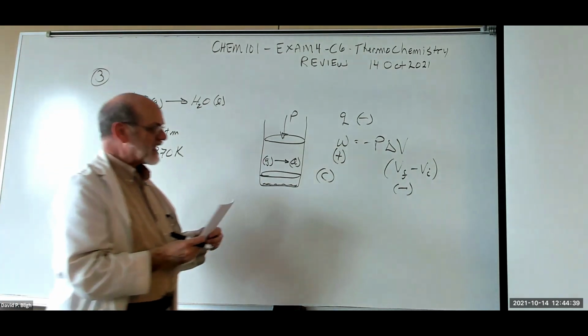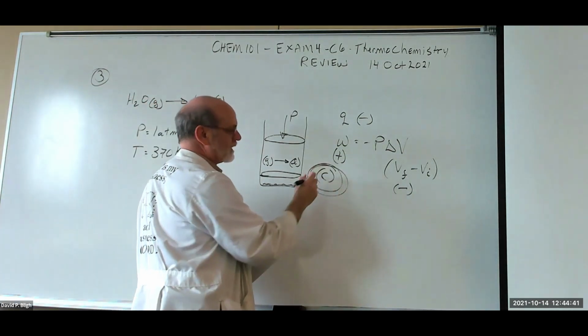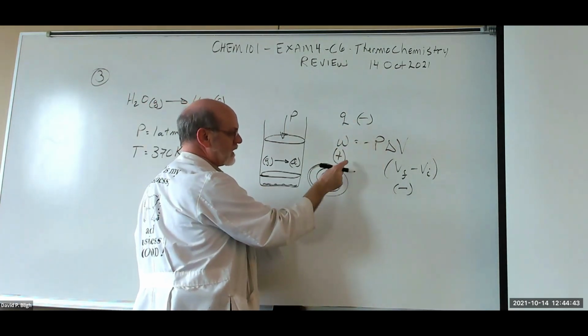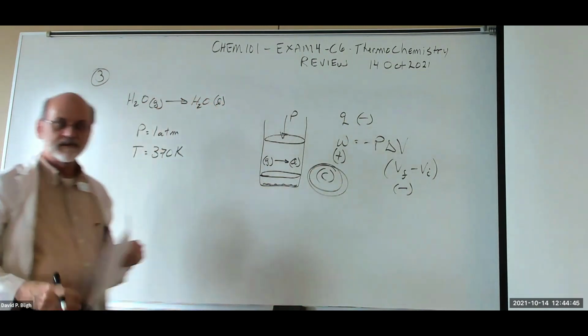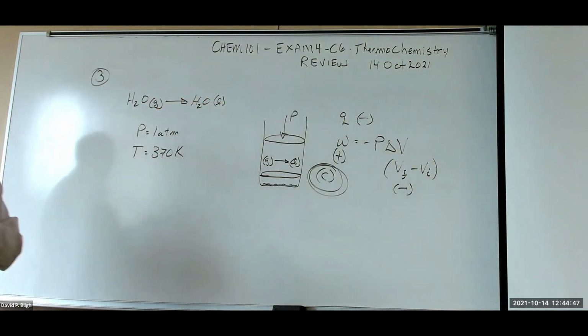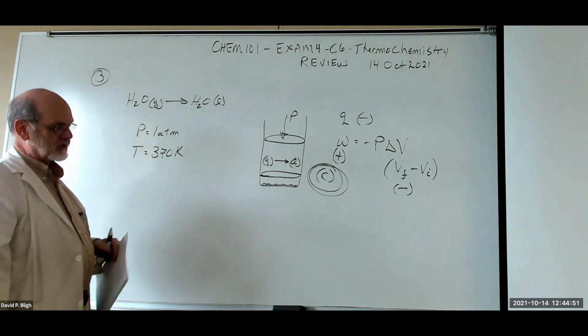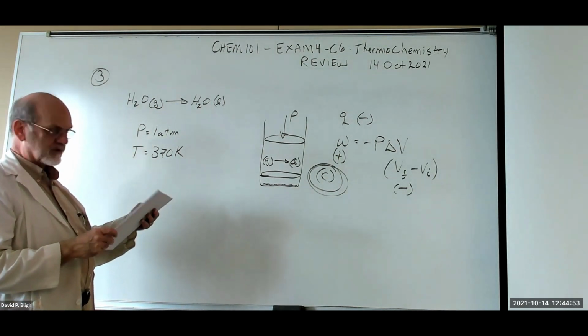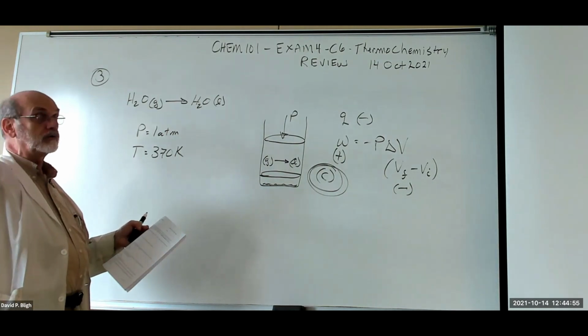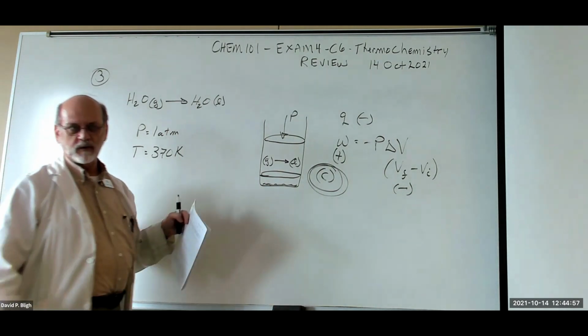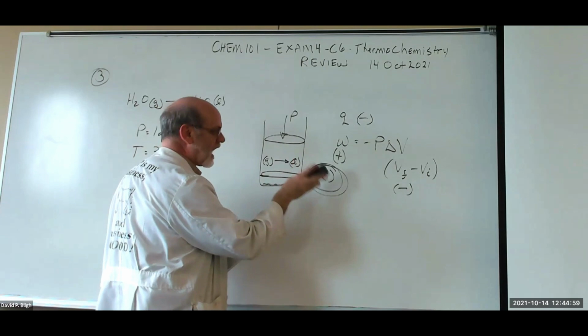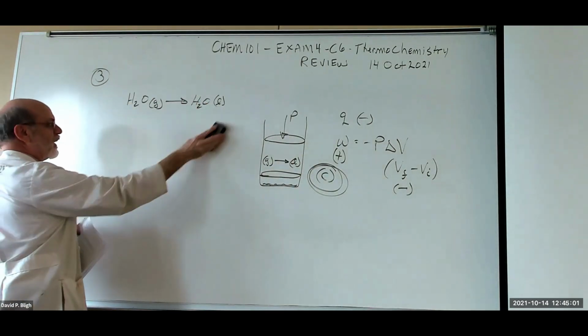No. C has to be the answer to give you a negative Q and a positive W. Some of these problems look like you can just stare at them for a few minutes and the answer just goes, boom. Don't work that way. You've got to logically pick the problem apart.